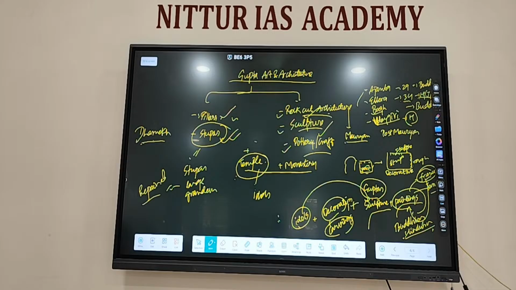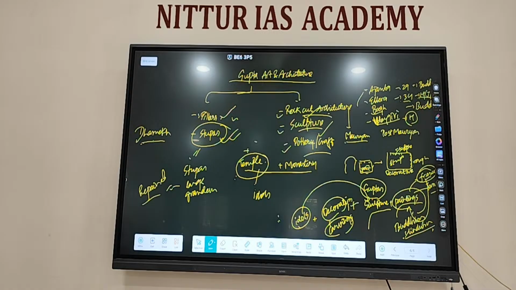Mural paintings of Buddha and Bodhisattvas. The paintings are done in fresco style.